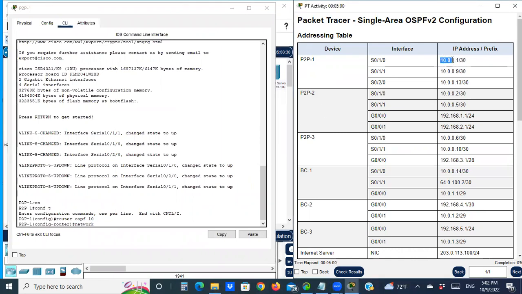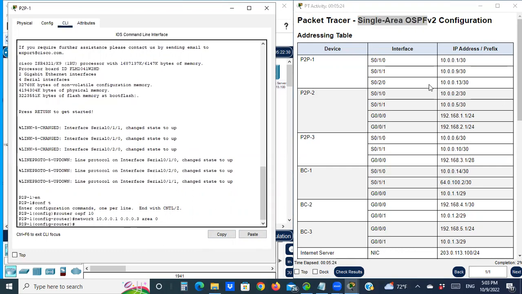All right, let's do the statements. This is the network address. Let's copy it to here, and the inverse mask, 0.0.0.3. Area 0, because we're working on a single area, so we use area 0.